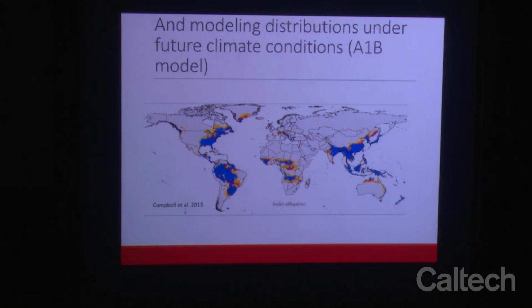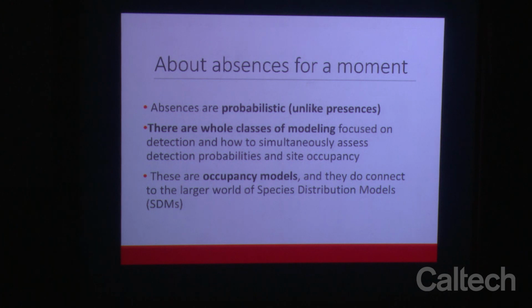There are all kinds of attendant challenges about doing this regarding extrapolation, but when we do that, we can actually see what Aedes albopictus distributions might look like under IPCC A1B model predictions for climate change, right? That's useful.